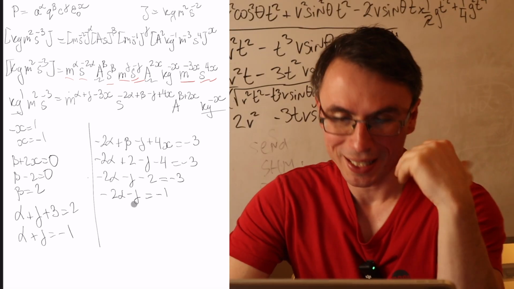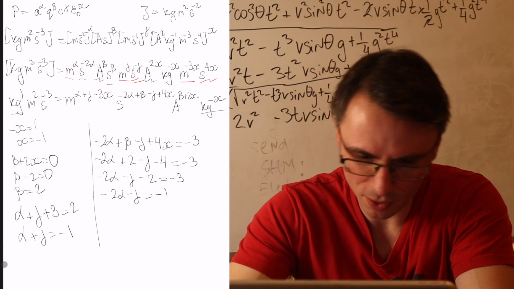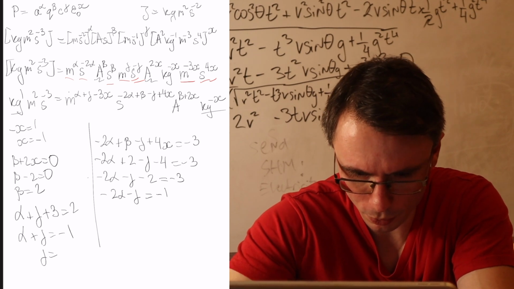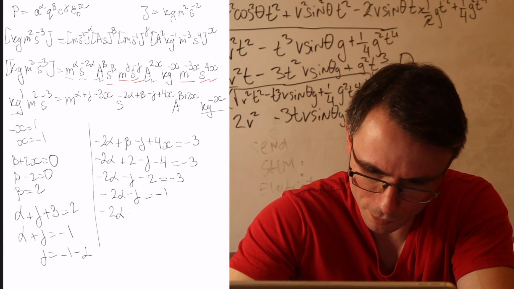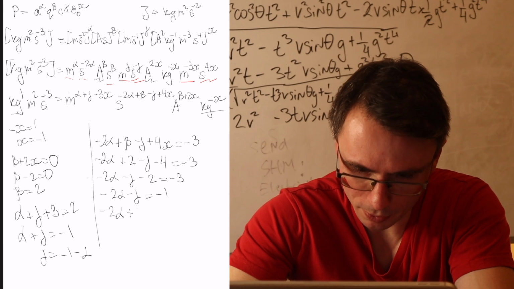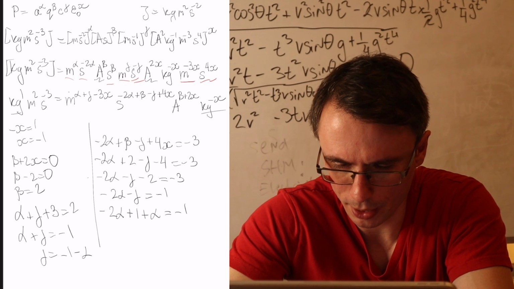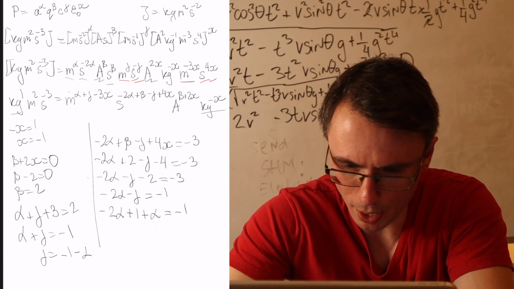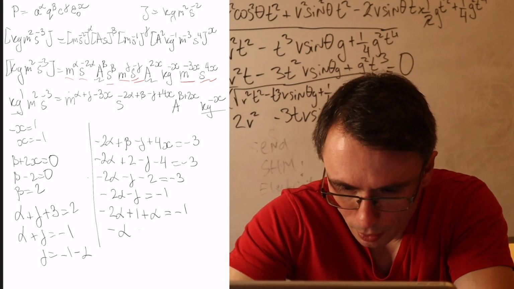Okay, so now we need to express gamma as a function of alpha or vice versa. So let's just say that gamma is equal to -1 minus alpha, which is going to give me -2 alpha minus gamma, which is +1 plus alpha, is equal to -1. So what is that going to give me? -2 alpha plus alpha is going to give me minus alpha.